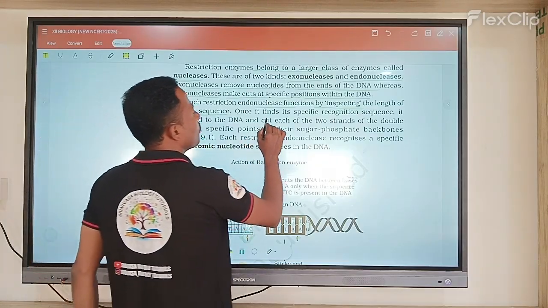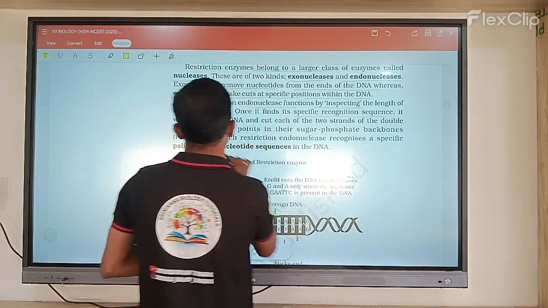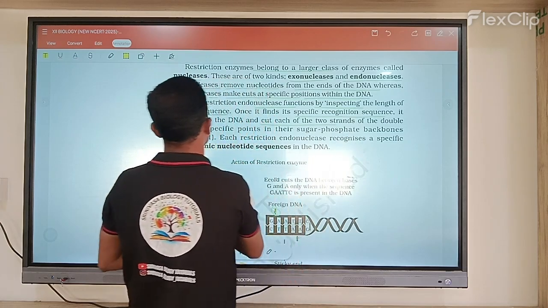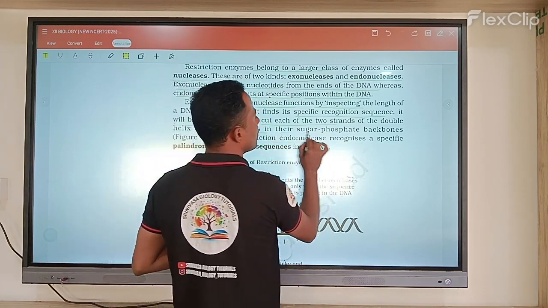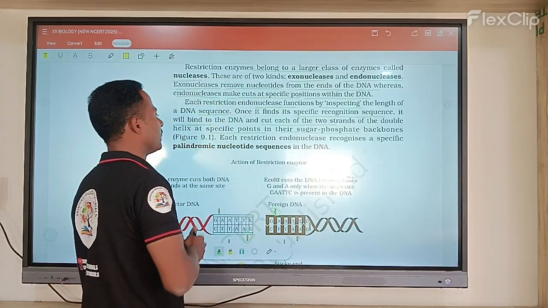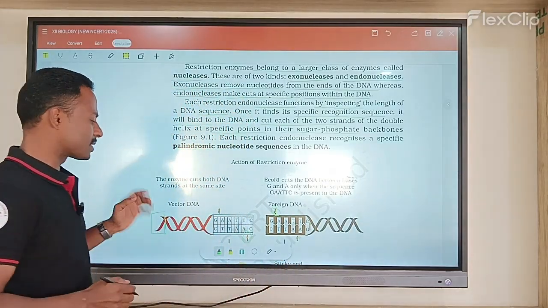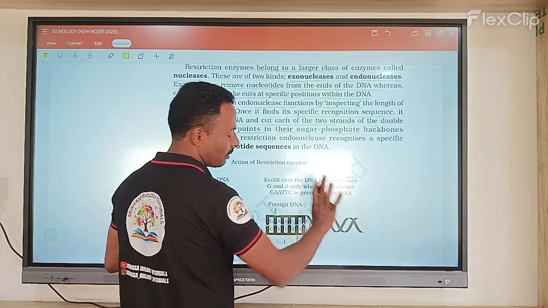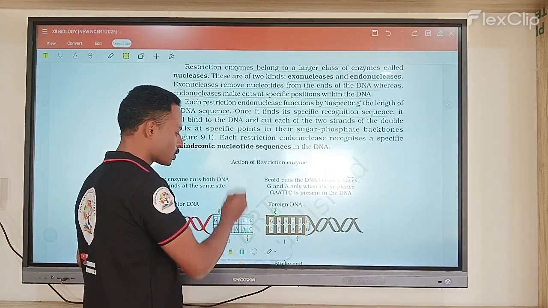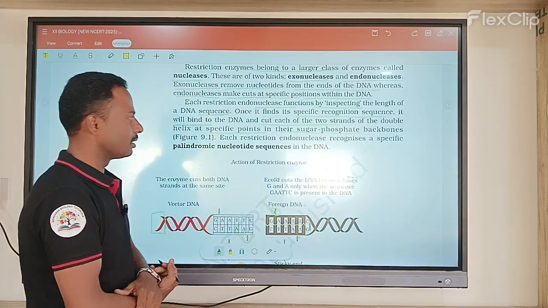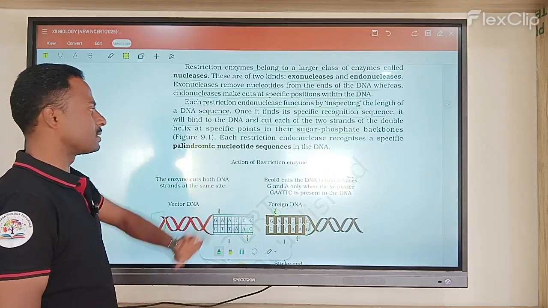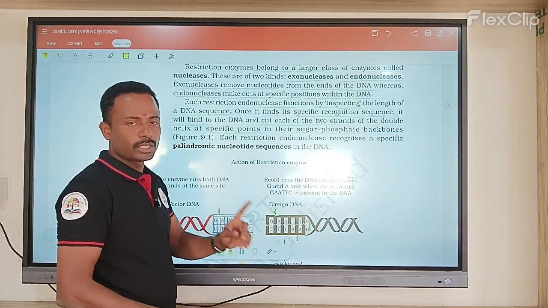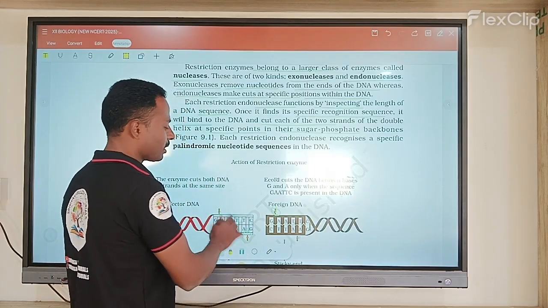Next, once it finds the specific recognition sequence, it will bind to the DNA and cut each of the two strands of the double helix at specific points in the sugar-phosphate backbone.